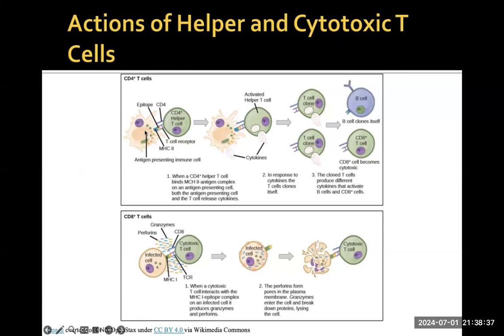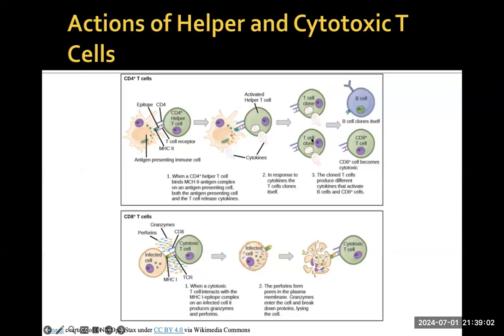So it kind of looks like this, right? This yellow part over here is going to be the antigen-presenting immune cell. You're going to have the MHC2 here that binds to a receptor, which we call a CD4. And then from there, it's going to bind to the helper T cell. Then in response to the cytokines, your T cells are going to start to clone themselves, which you can see here.